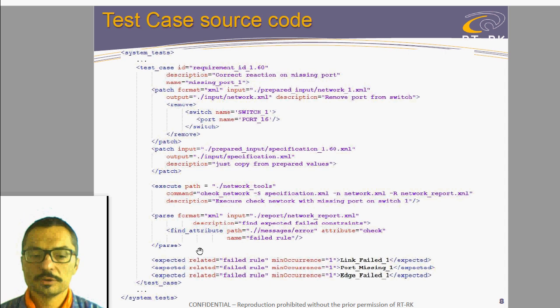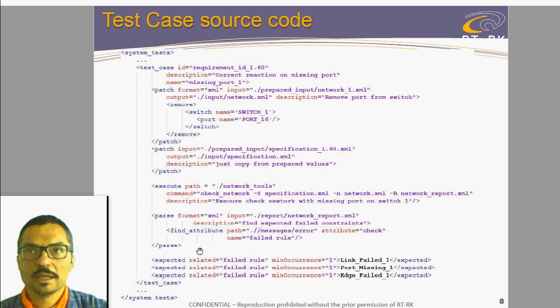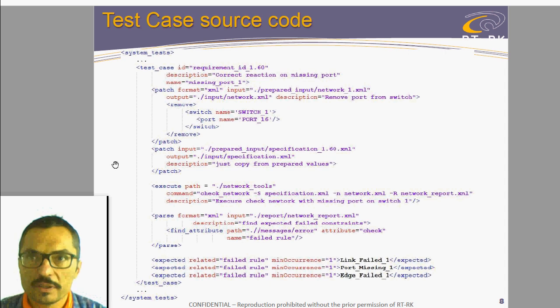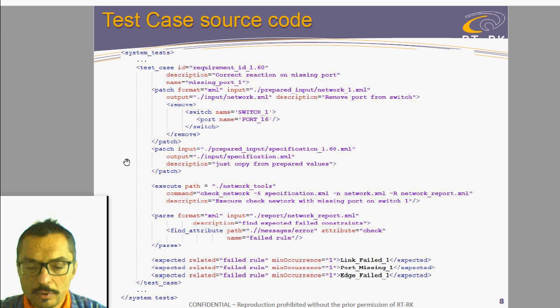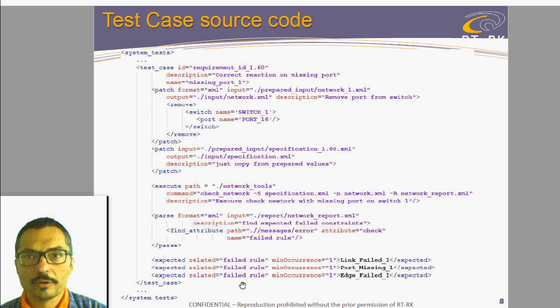So how does the source code look? This is one extract of the source code, one test case. This test case is connected to a requirement that can be said something like: when checking the network with a missing port, the system must fail with at least one link failed error, port missing error, and edge failed error.